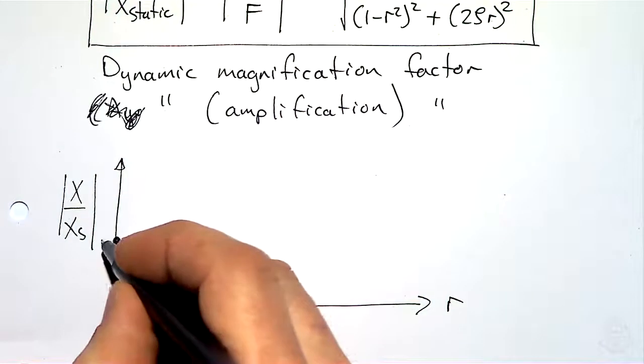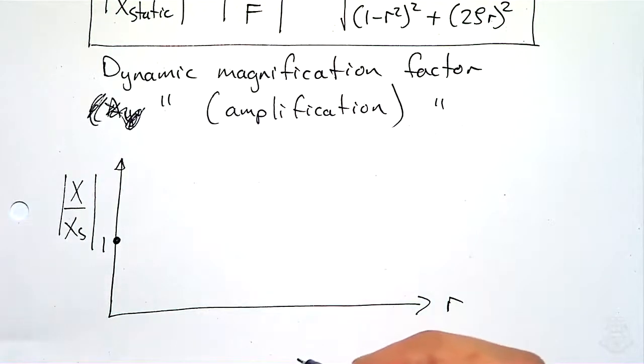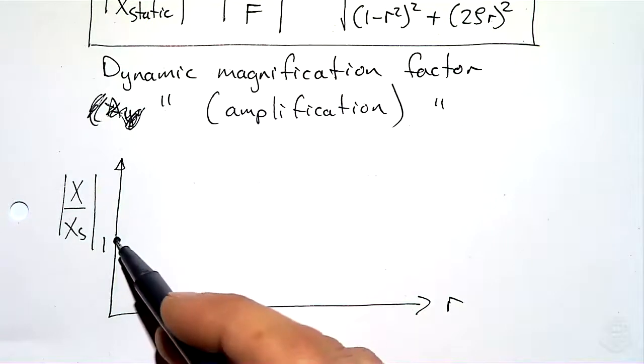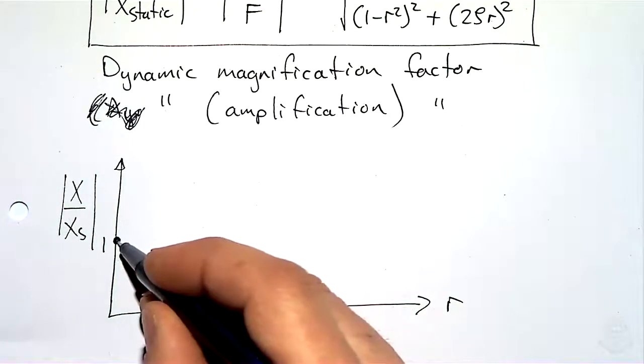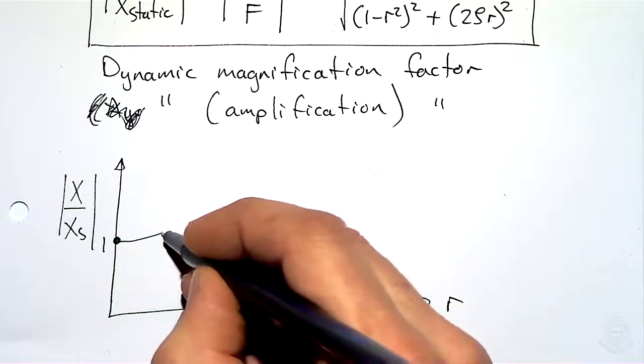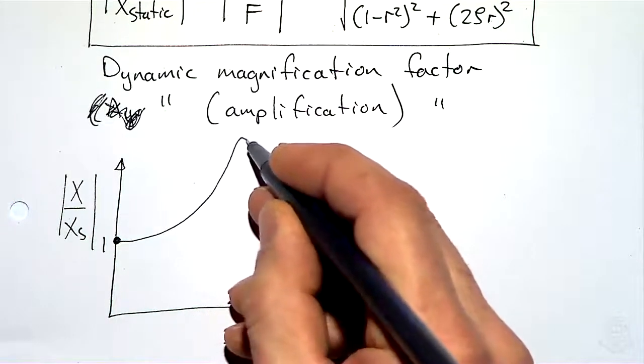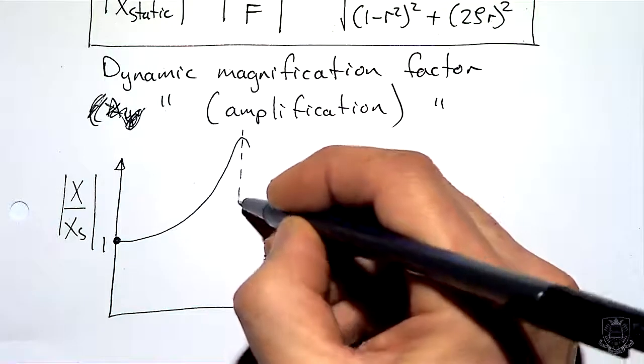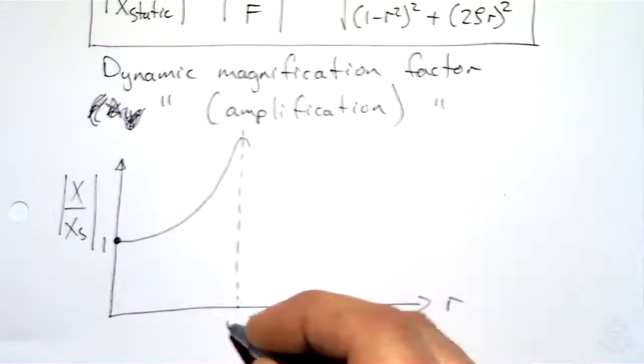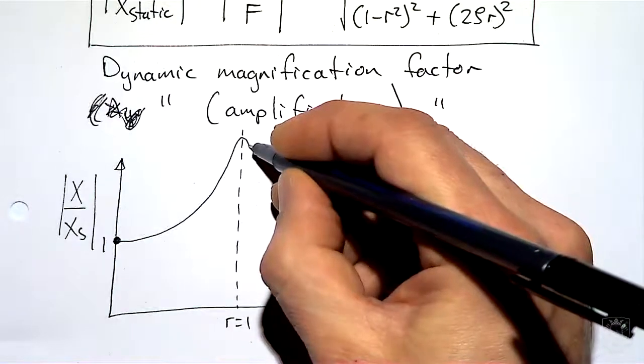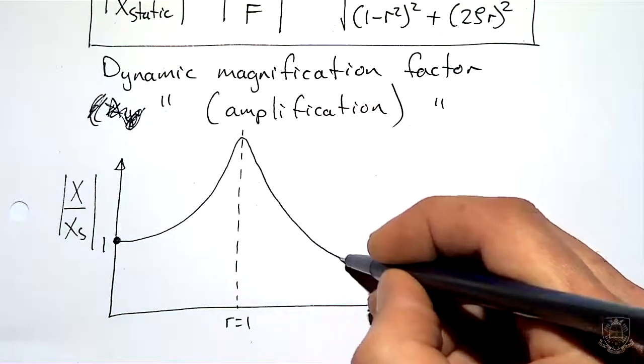Well, it should start at 1 on the left-hand side, shouldn't it? Because we defined x static to be the point where there's 0 frequency or 0 time. So we should start at 1, and then we'll go up to a peak, which happens when r equals 1, or very close to r equals 1, and then it'll come down on the other side.